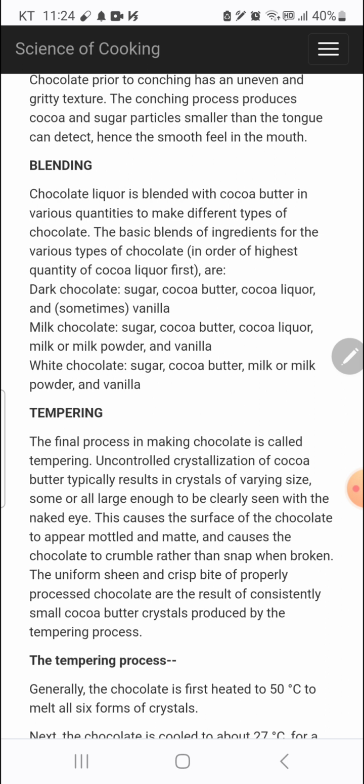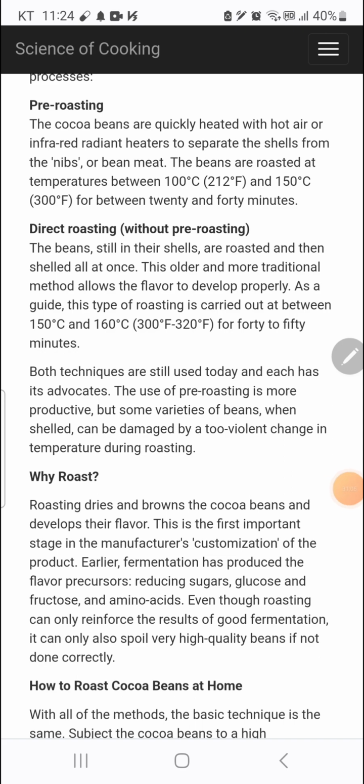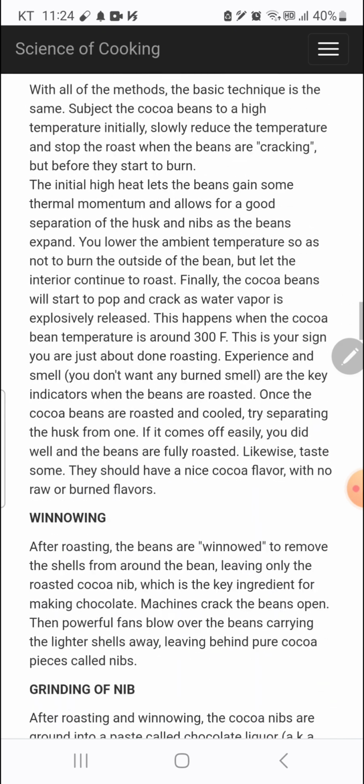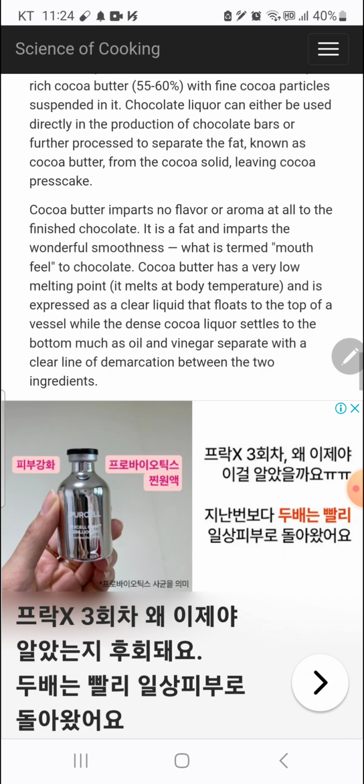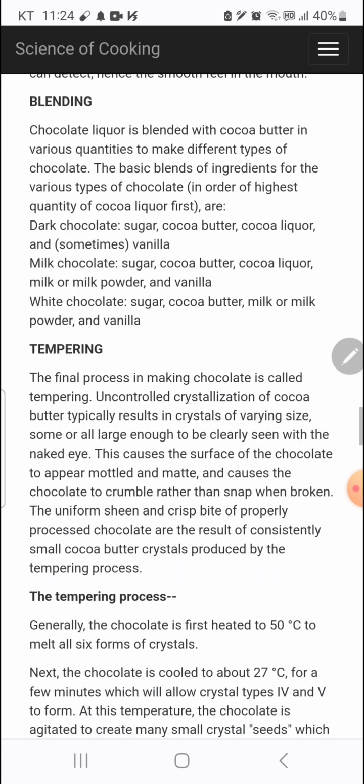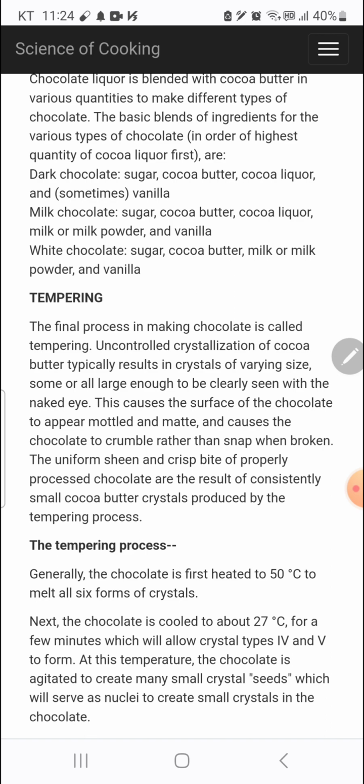This causes the surface of the chocolate to appear irregular, mottled, and matte, and causes the chocolate to crumble rather than snap when broken. The uniform sheen and crisp bite of properly processed chocolate are the result of consistently small cocoa butter crystals produced by the tempering process.